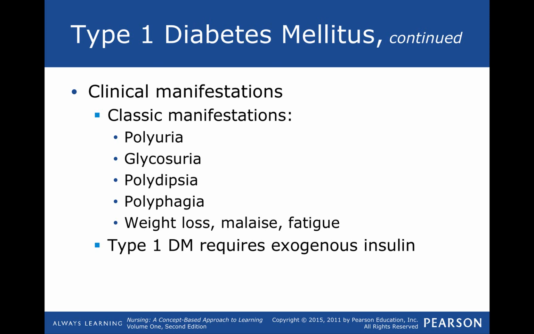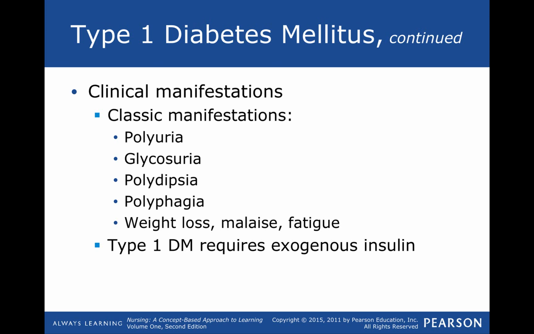And this decrease of energy stimulates hunger as well because the body says, I gotta eat. So you have polyphagia. But despite all the food intake that the person takes in, as the body loses water, it breaks down proteins and fats because it's not getting the glucose in the cells.